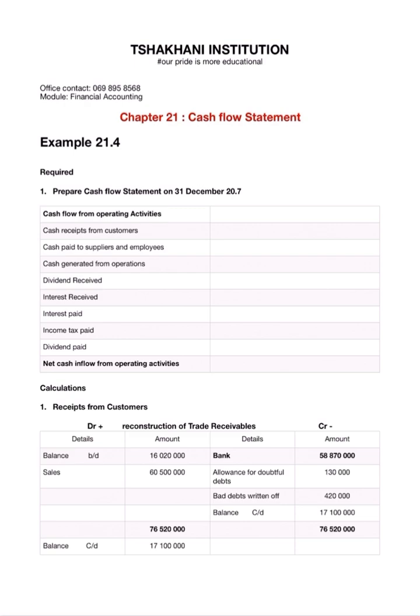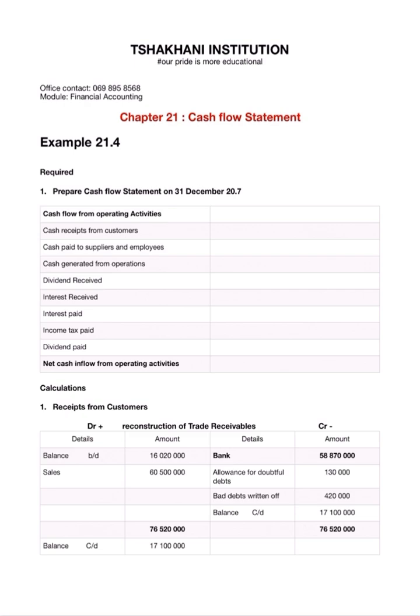How do we calculate the cash receipts from the customers? If you can check my calculations there, I have indicated number one, we are calculating the receipts from customers.